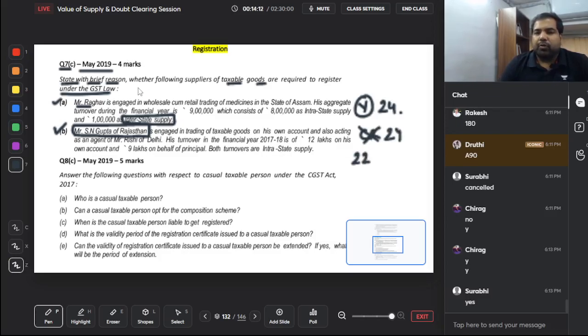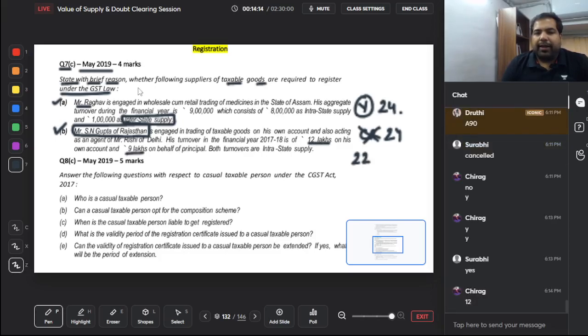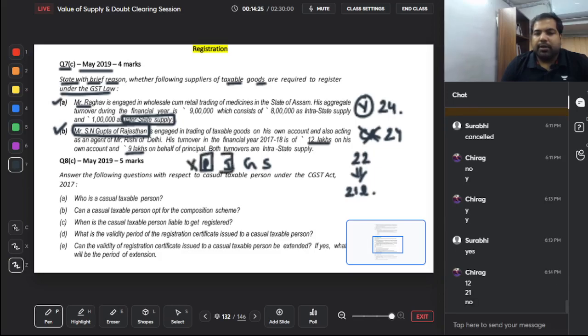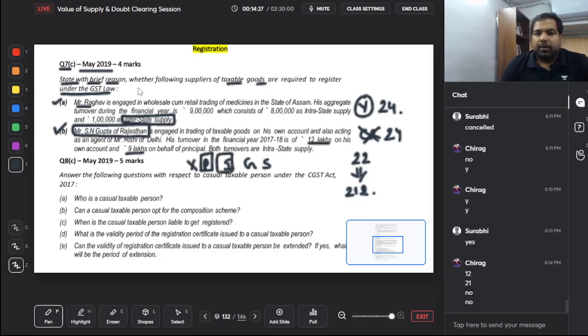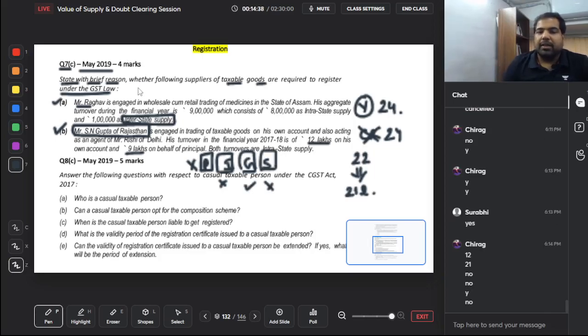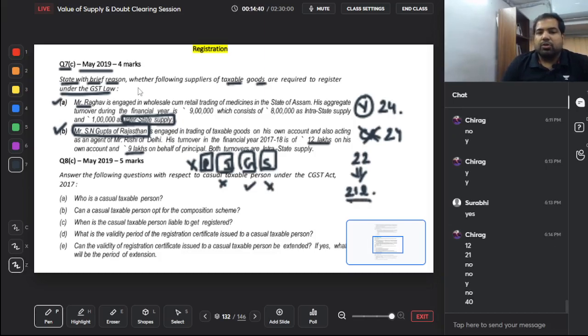What is his aggregate turnover? 12 and 9 lakhs, that is 21 lakhs is his aggregate turnover. Is he into PIGS? Is he doing prohibited goods? No. Is he doing interstate? Intrastate? No. Interstate. Is it only goods? Yes. And is he in one of those states of Anti-Mami and Putsam? No. So his limit is 40 lakhs. He's right now only at 21. So no registration in this case.